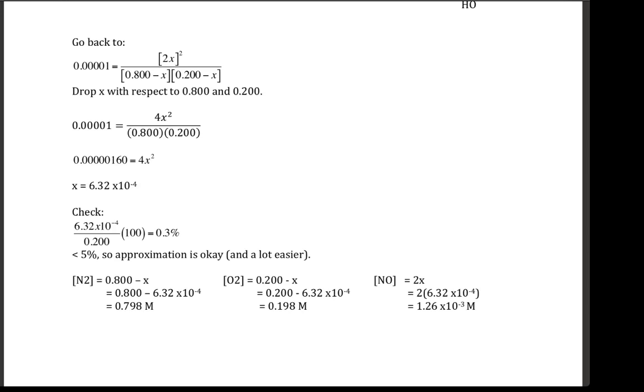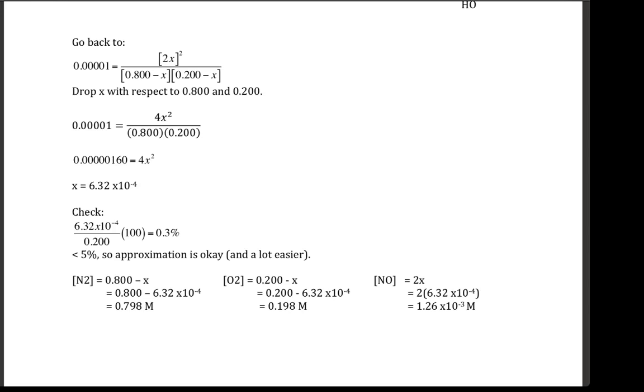Now, of course, we can't drop the x in the 2x expression because when we multiply two numbers, whether one is big or small is going to have a big impact. But when we're subtracting, or adding for that matter, if the amount we're adding or subtracting is very, very small, probably it's negligible.